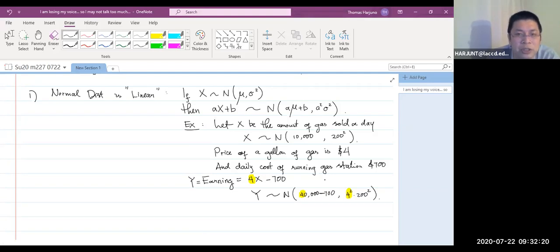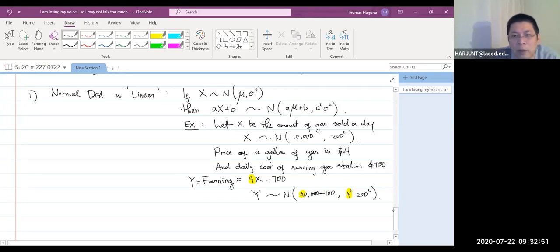Then they will use this number. They will not say, well, you know what, the loss because of the earning is $1 million. Hell no. You only sell around 10,000 gallons of gas per day, okay? And then your standard deviation is only 200 gallons, okay? So how much money will you actually lose from that earning? Not that much. Well, you won't claim 100 or 1 million for that, right? Okay.